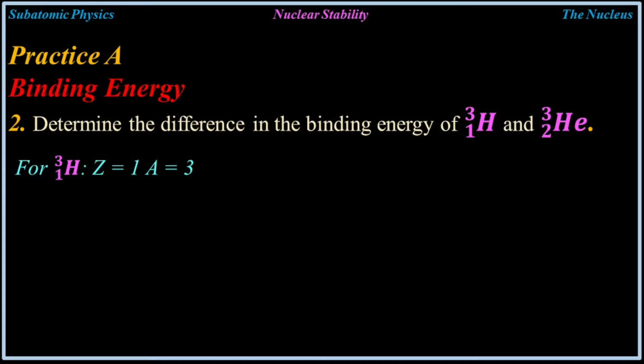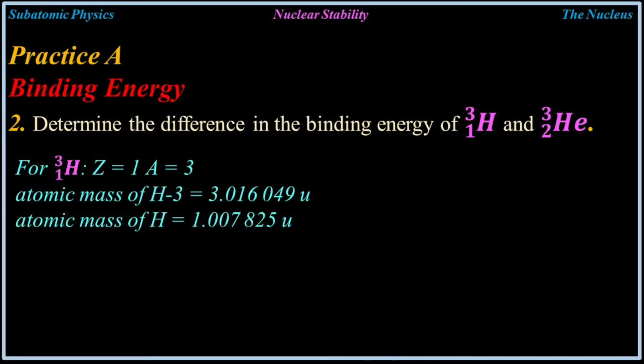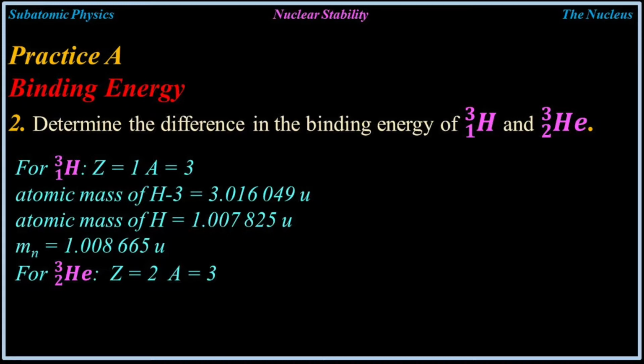All right, hydrogen 3, that's the Z and the A. The atomic mass of hydrogen 3, the atomic mass of hydrogen. Remember, hydrogen is protium. You have protium, deuterium, and tritium.